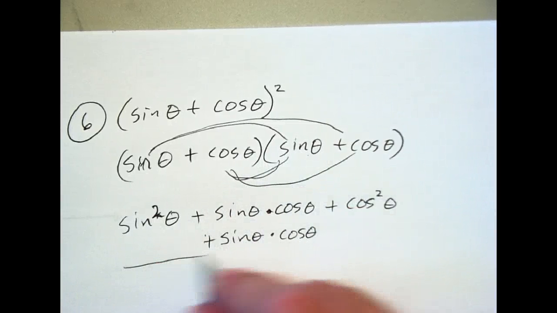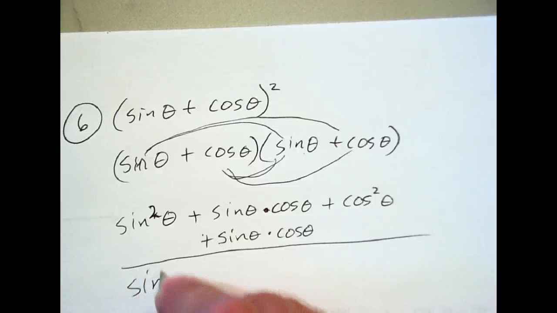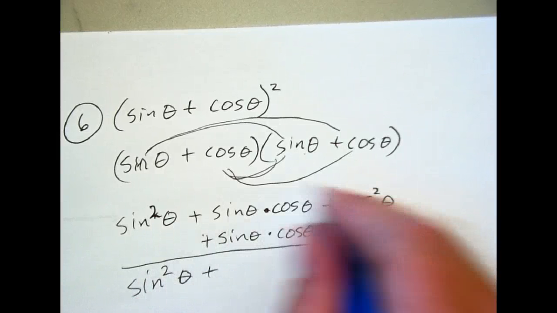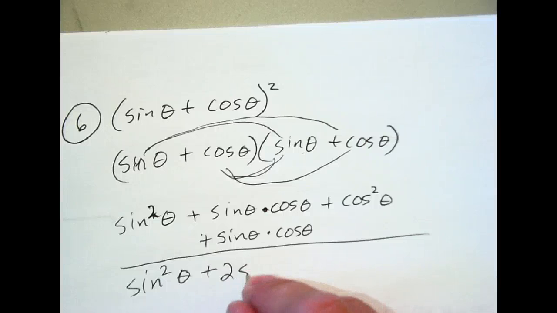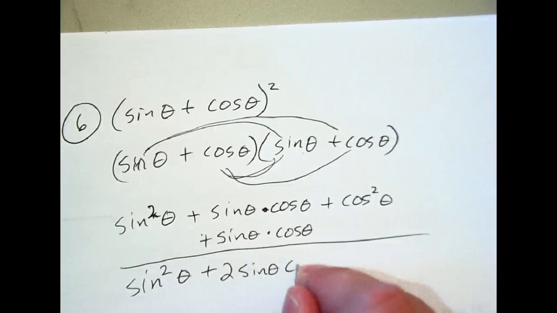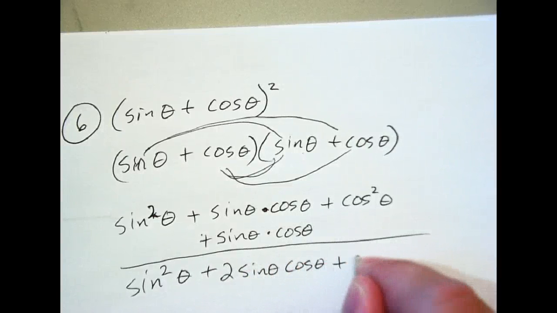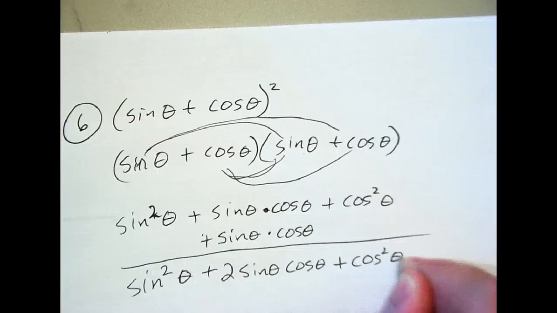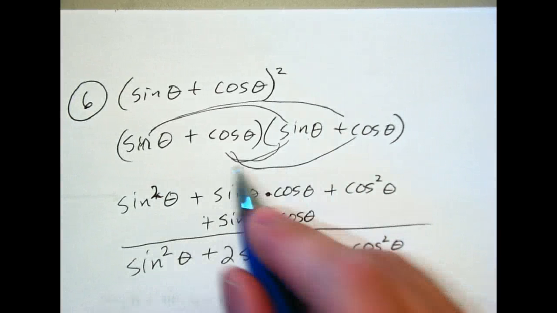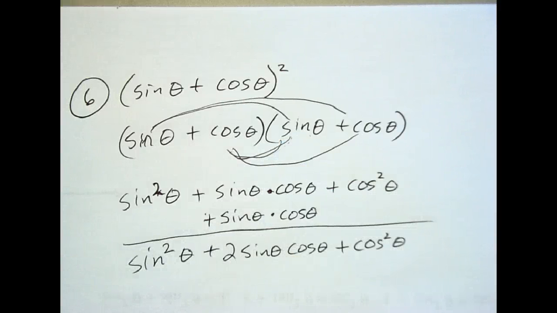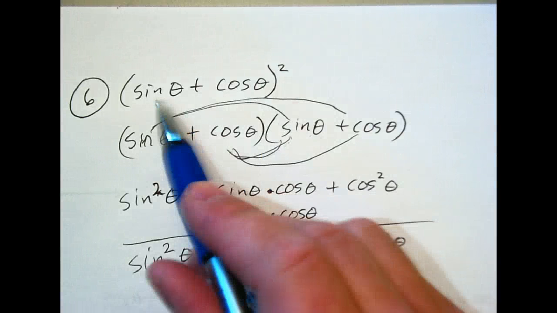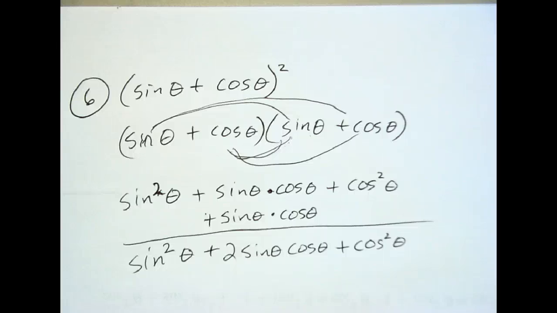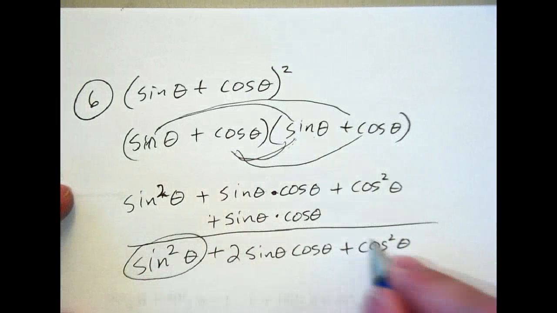But anyway, I end up with sine squared theta plus, how many of these? 2. Why are there two? The second one comes inside last. Okay, any ideas from there? So we've now made that beautiful looking thing into this mess. Let me circle those two.